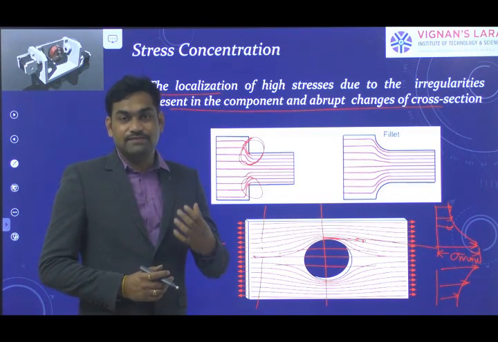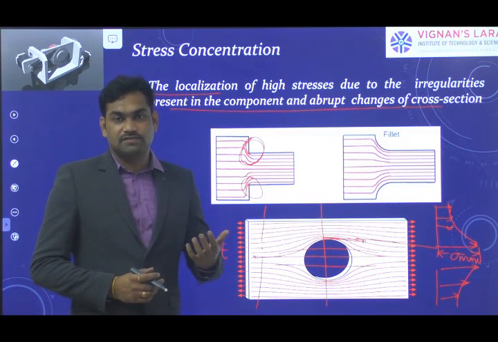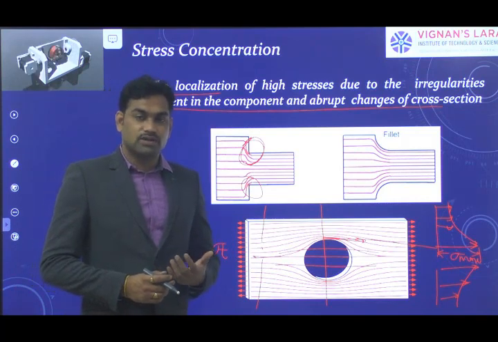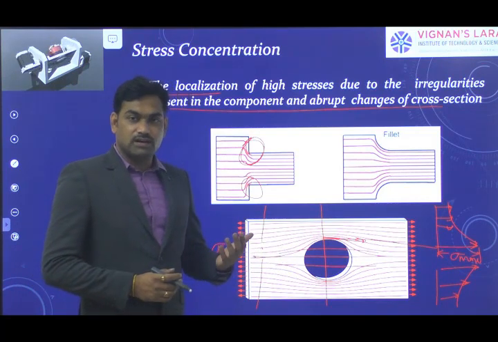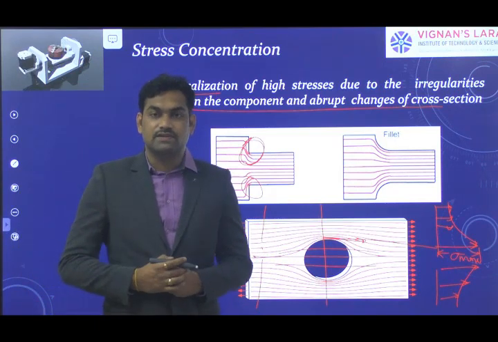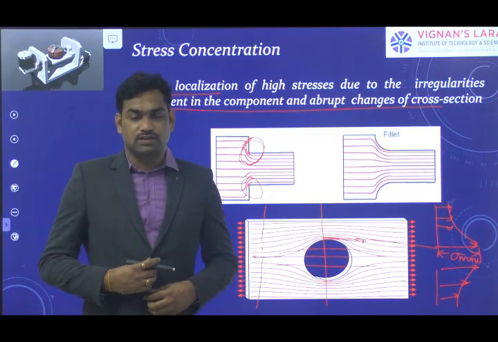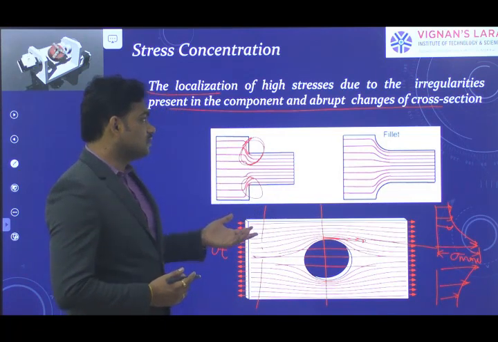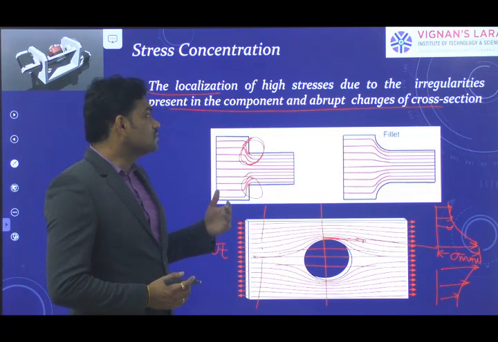If there are crack-like defects upon the surface, like slag inclusion or something else, it can cause a stress concentration, or surface roughness can cause a stress concentration. So there are many causes that may be included.